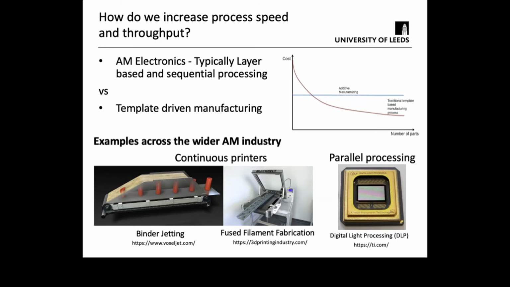Sometimes some of them use a laser, but that's patterning a whole layer at once rather than in a sequential process. And you're seeing that the emerging techniques like the continuous liquid interface production technique by Carbon 3D, they're also using a DLP to flash the whole layer at once.